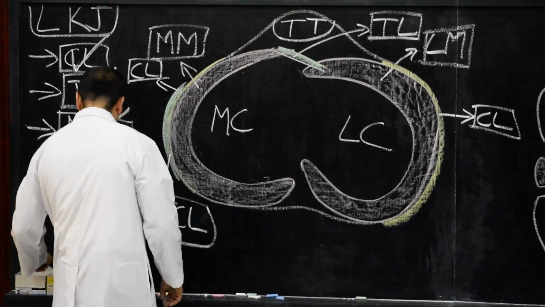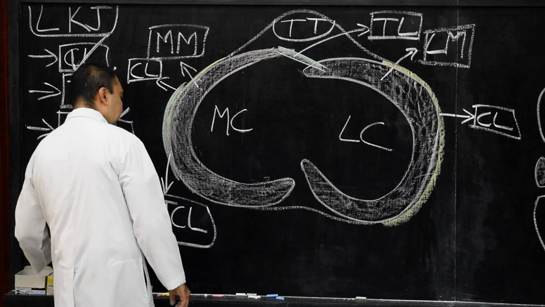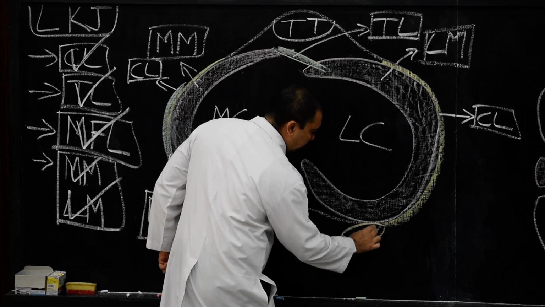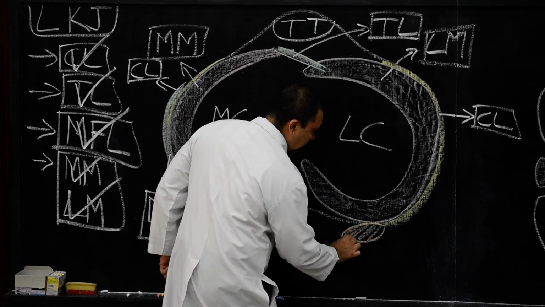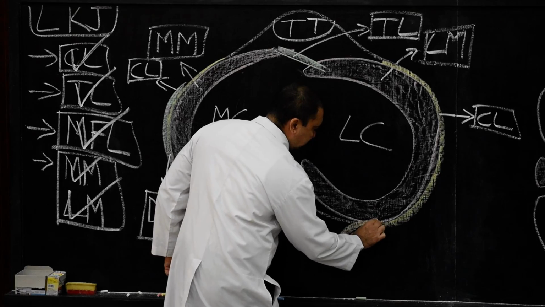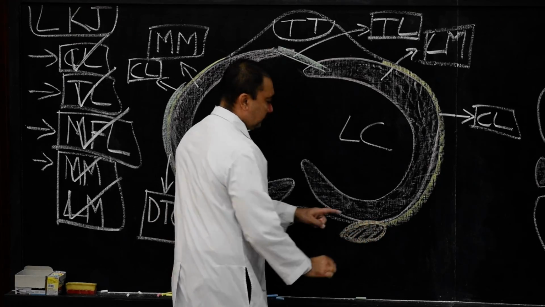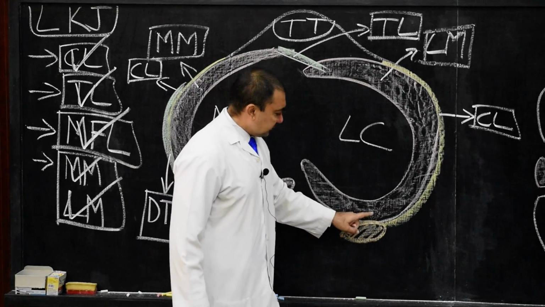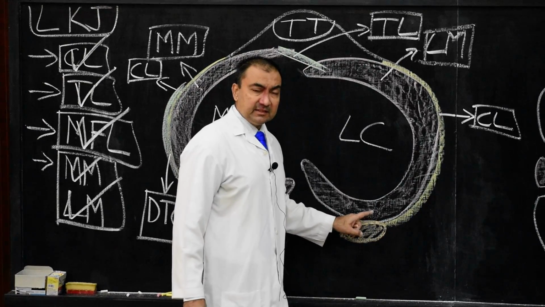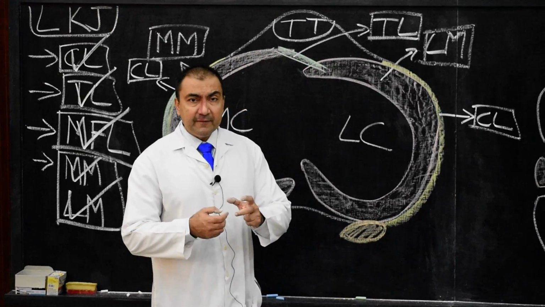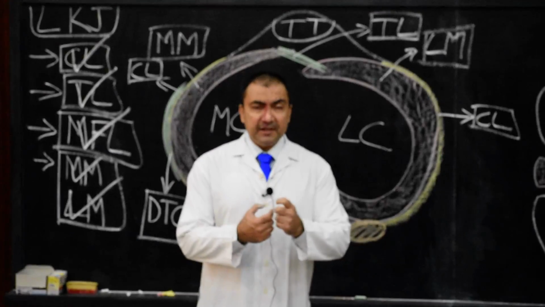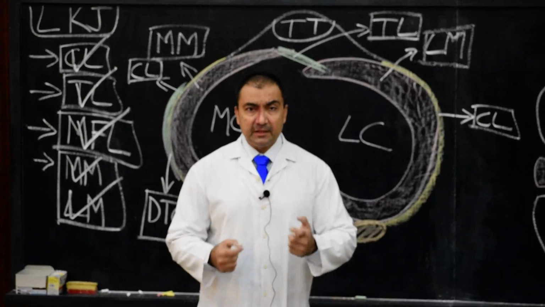So therefore, there will be popliteus muscle which will be attached to the posterior end of lateral meniscus. And why is this popliteus muscle attached to the posterior end of lateral meniscus?